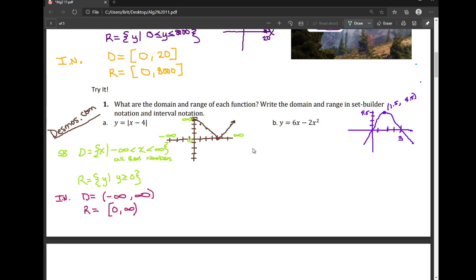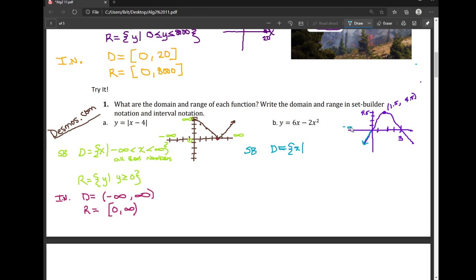So let's start with the set builder notation. We're going to be looking at the domain, which is the x values. So our domain is equal to the set of all x's where, and we need to look at our x's. Do you see how this parabola is continuing down and to the left forever?